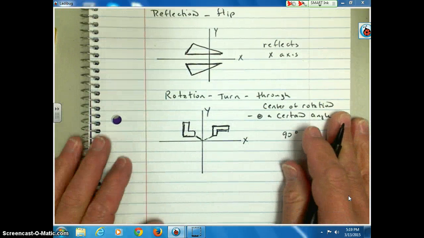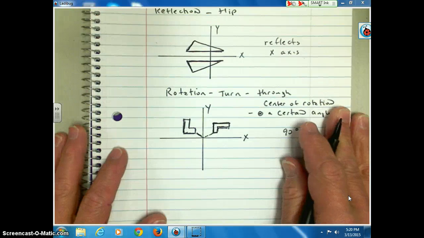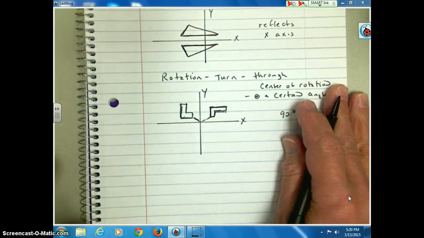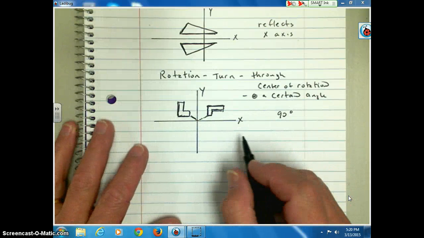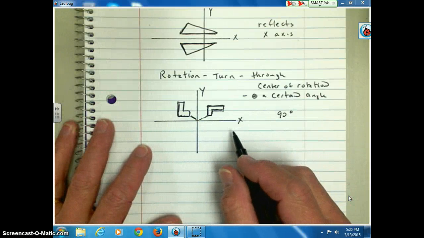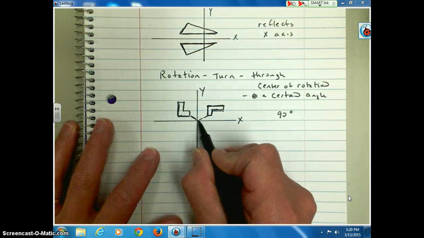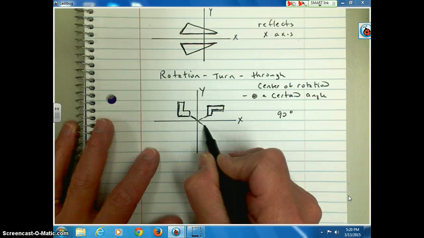So that's an example of a rotation. That's pretty simple. And then we also have an example where, let's say, you rotated this same example 180 degrees. So again, we would go this direction, and this would be an example of it.